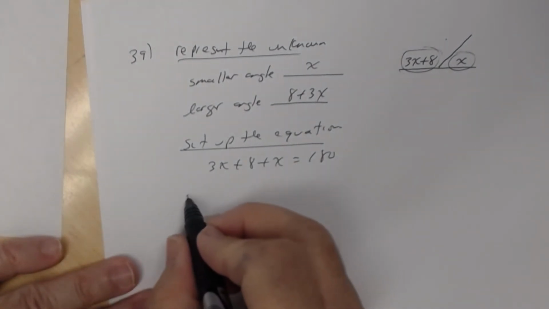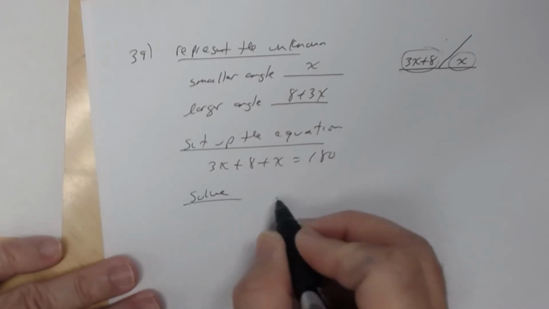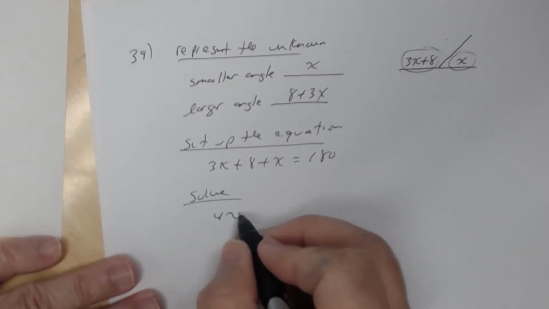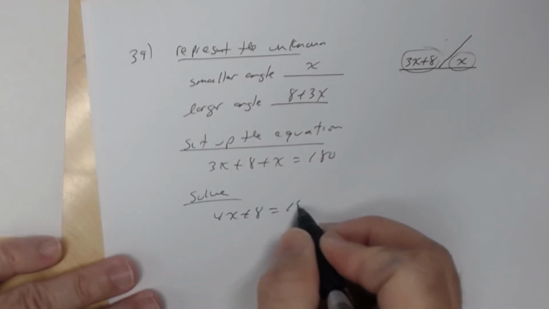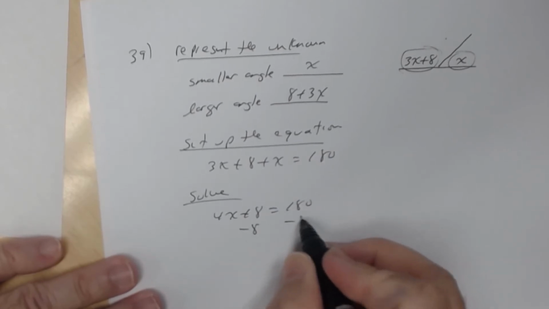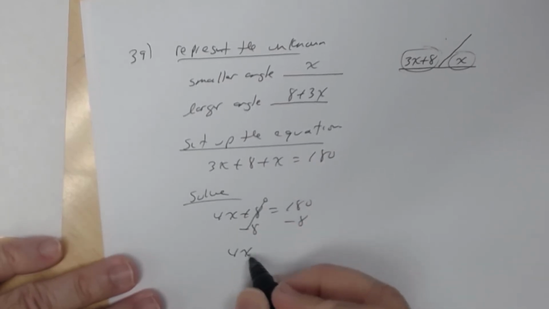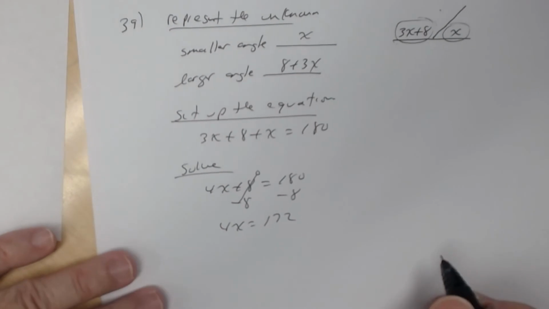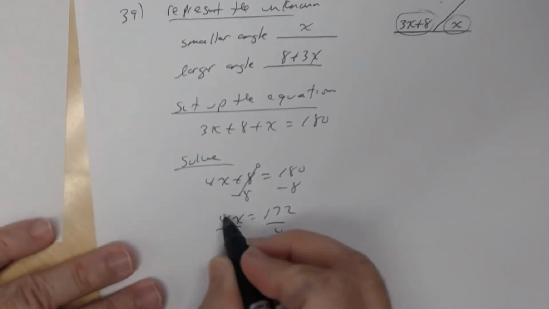Now combine like terms and solve. I get 4x plus 8 equals 180. Subtract 8 from both sides. I get 4x equals 172. Divide both sides by 4.